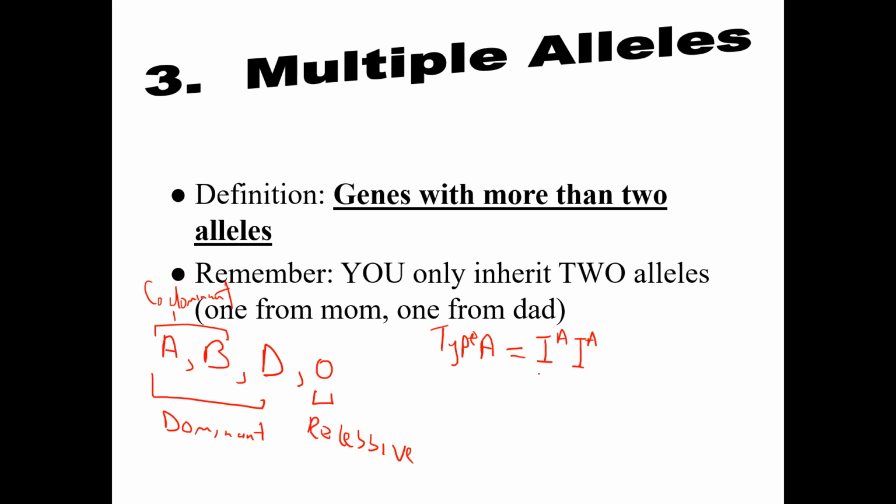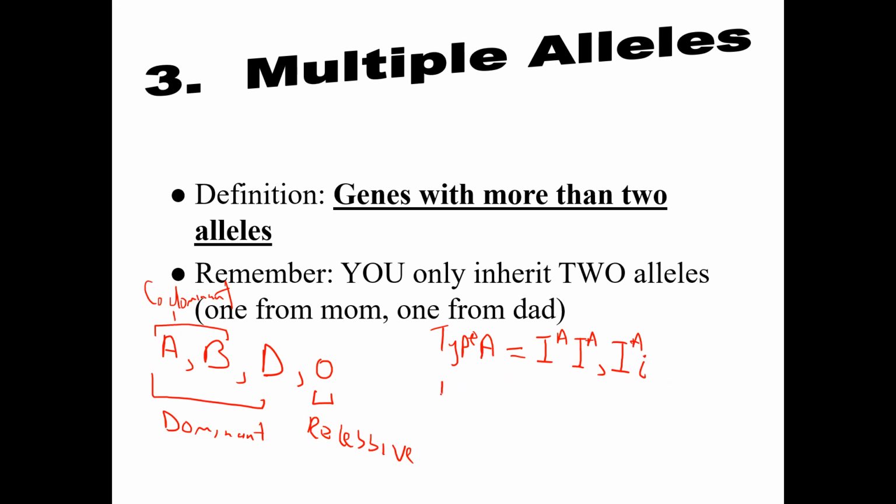Which is why I write it like this. I is for immunoglobulin. Sorry. And then A, of course, is a blood type. You can also be blood type A like this. This is how they write O, right? You notice that this is a common i. That's to show it's recessive.